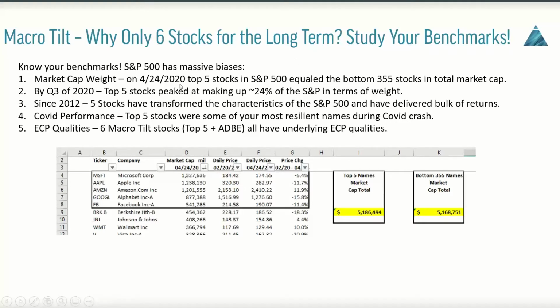Keep in mind that when we did this webinar last year, the market cap of the top 5 stocks in the S&P 500 equaled the bottom 355 stocks in total market cap. By Q3 of 2020, the top 5 stocks peaked, making up about 24% of the S&P in terms of its actual market cap weight.